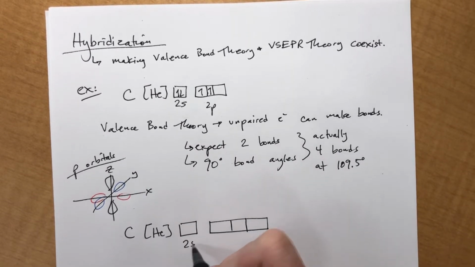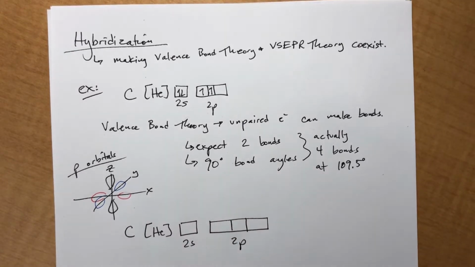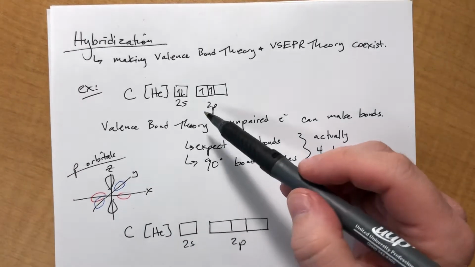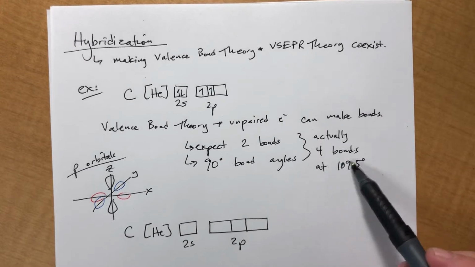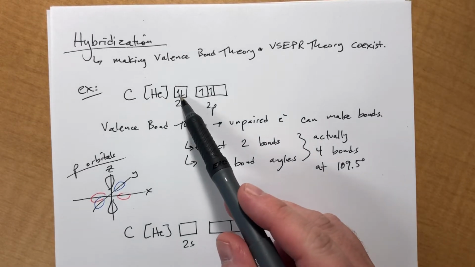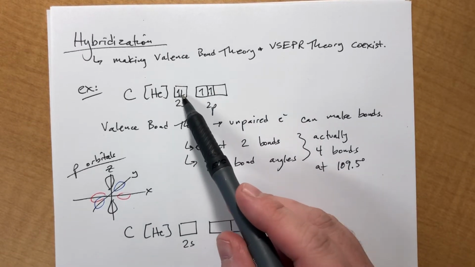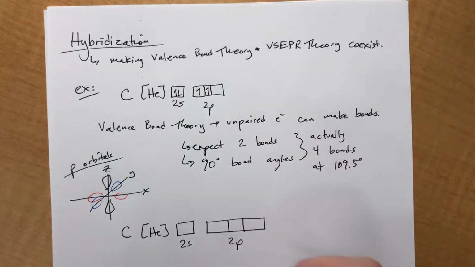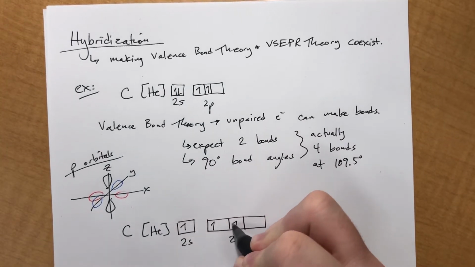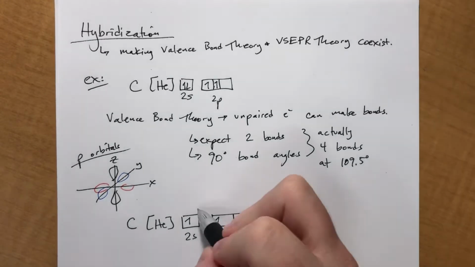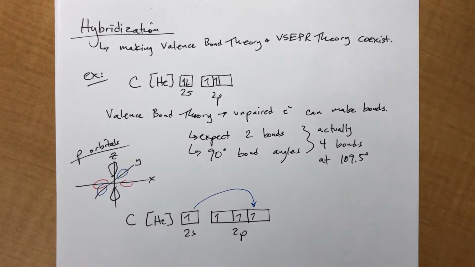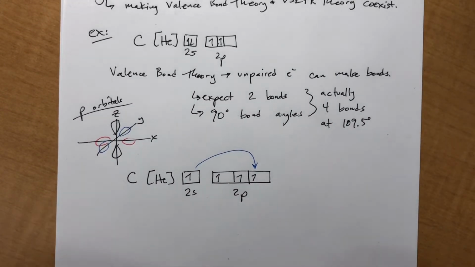I'm trying to draw the boxes bigger so I can point at things better. Essentially what we need is 4, we know we have 4 bonds, so we need 4 unpaired electrons. Well, this one's paired, but we have an empty space for it. If we just move this one over here and unpair it, so essentially this electron came over here, we now have 4 unpaired electrons.